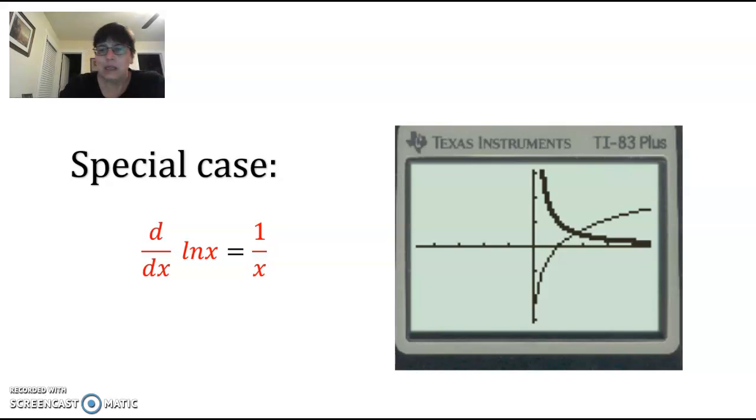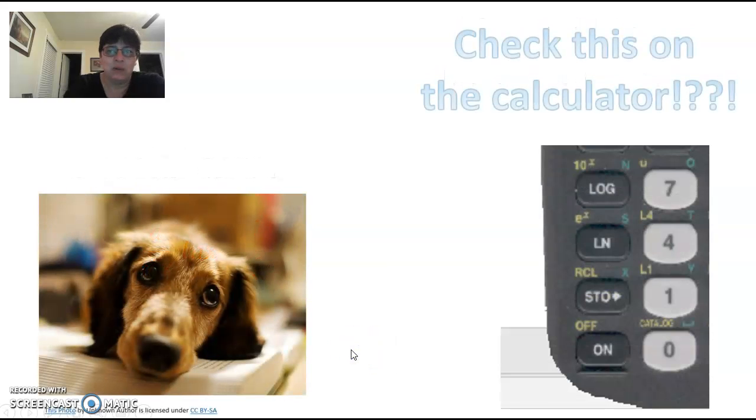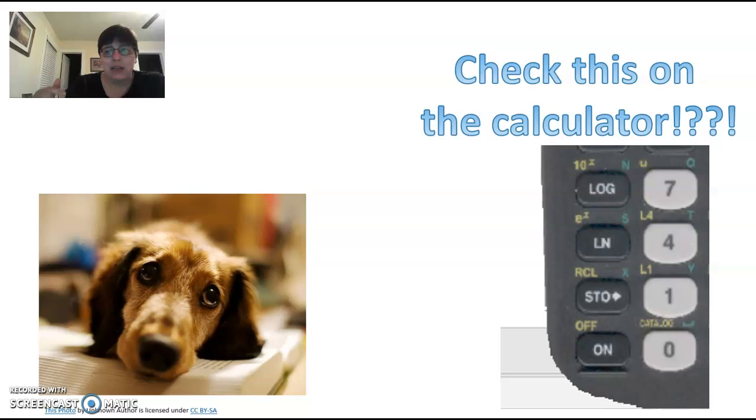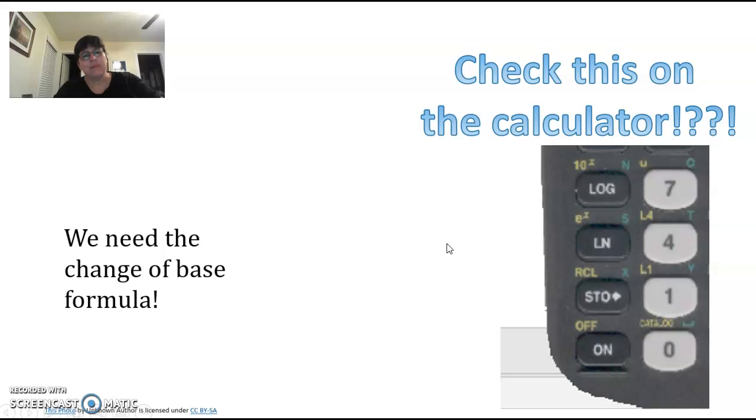So, let's say you want to graph the function natural log of x and 1 over x, or some of the previous ones, and you find there's a problem. Your calculator, well, my calculator, maybe your calculator is better, but mine only has log, which is base 10, or natural log, which is base e. So graphing this takes a change of base formula.